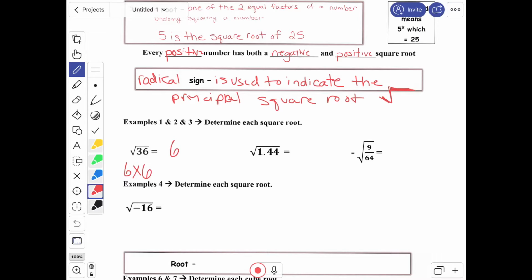Well, this one's a little bit trickier because it has a decimal. So think of it without a decimal. What would be the square root of 144? What times itself equals 144? Well, 12 times 12 equals 144. So this one would equal 12. If we need a decimal, there are 2 spaces behind the decimal, so we need half of that.